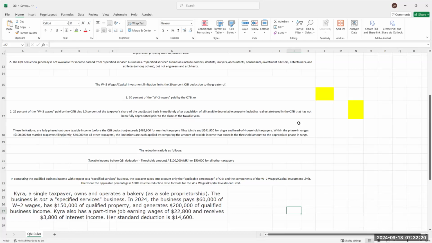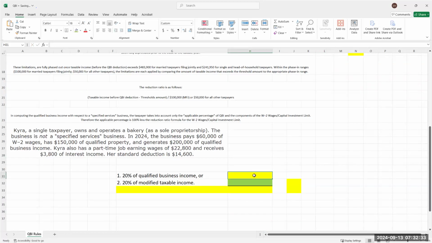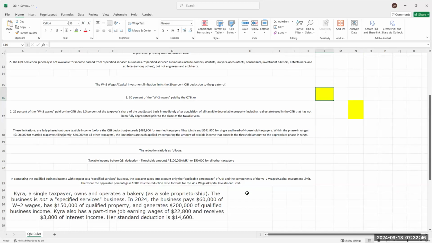All right, so based on this information, again, the W-2 wages, capital, investment applies. So 20% of the qualified business income, start with that first. The business income was 200,000. We multiply by 20%, so 40,000, but no more than the greater of 50% of the W-2 wages.